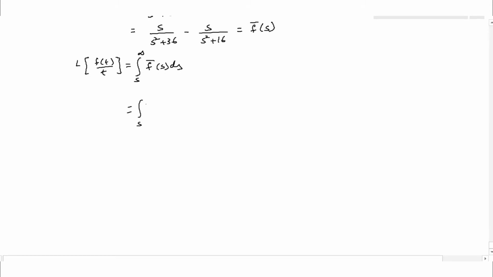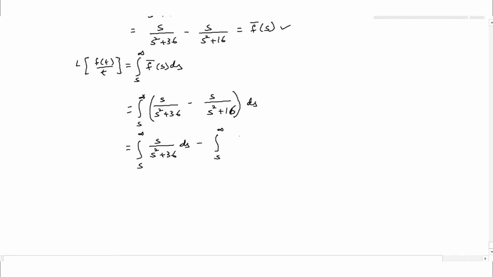That will be equal to the integral from s to infinity of s by s square plus 36 minus s by s square plus 16, times ds, which will be equal to the integral from s to infinity of s by s square plus 36 times ds, minus, applying the integral for the second term, the integral from s to infinity of s by s square plus 16 times ds.